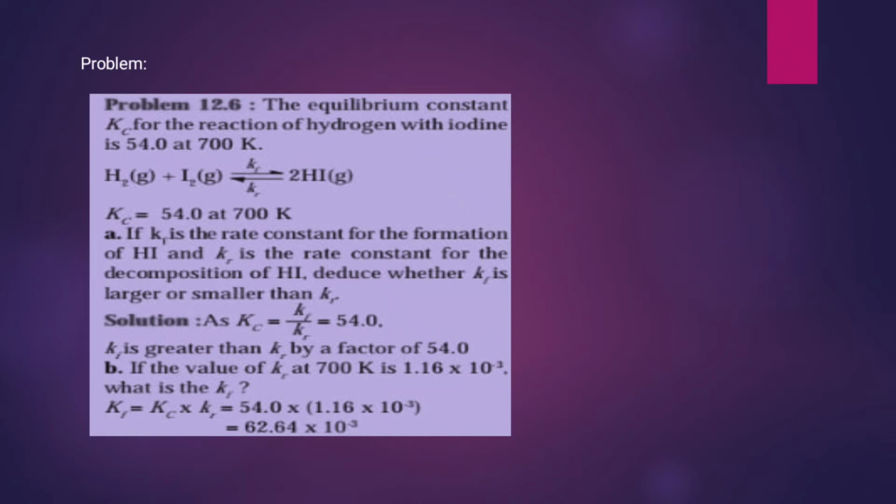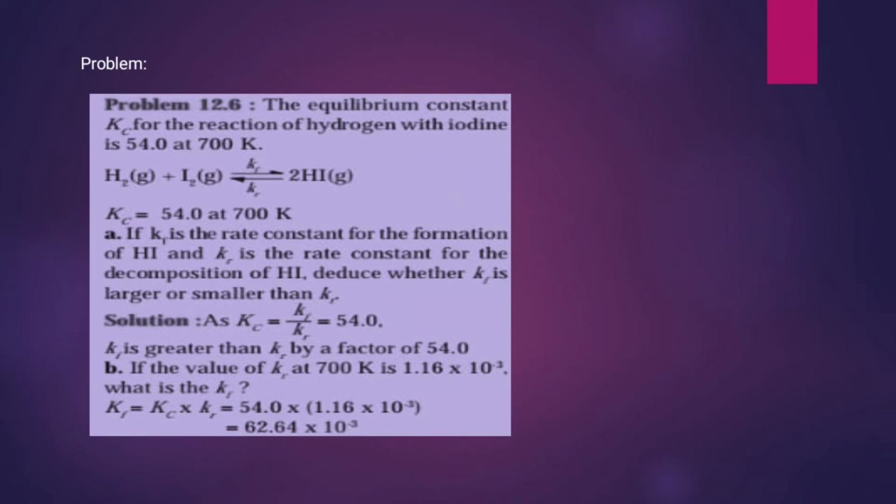Now here it is given Kc equals 54 at 700 Kelvin. If Kf is the rate constant for the formation of HI and Kr is the rate constant for the decomposition of HI, we have to deduce whether Kf is larger or smaller than Kr.